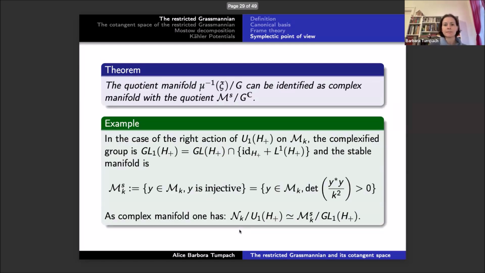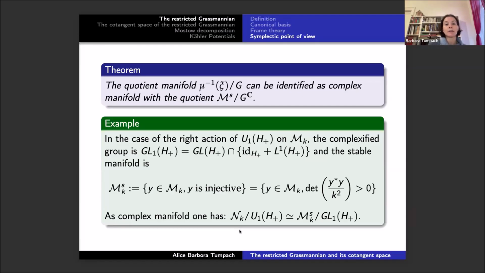Before giving you the example in our case, let me mention the theorem that links the Kähler quotient, so the quotient of the level set of the moment map by the action of the group G, with the complex manifold quotient of the stable manifold by the complex group.